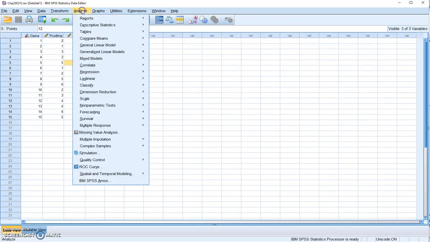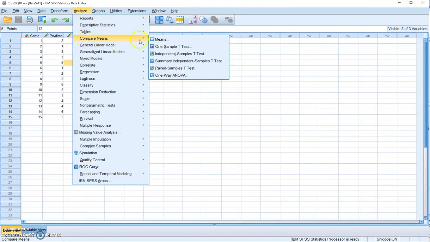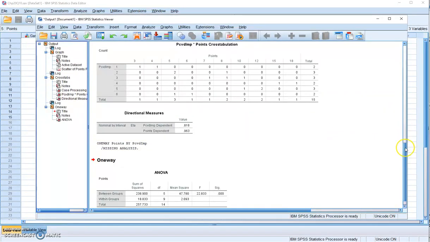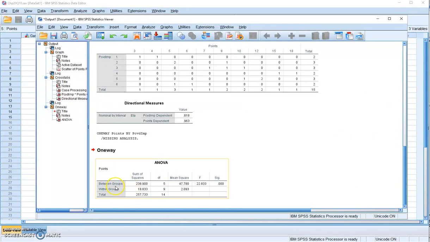If I show you here, I do a one-way ANOVA with the importance as the independent variable, the points scored as the dependent variable. And you can see that here we have the sum of squares between, which is 238.9, and the sum of squares total, that's the total variation in this data set, which is 257.73.